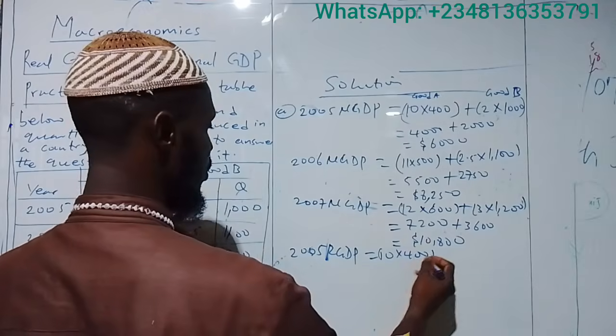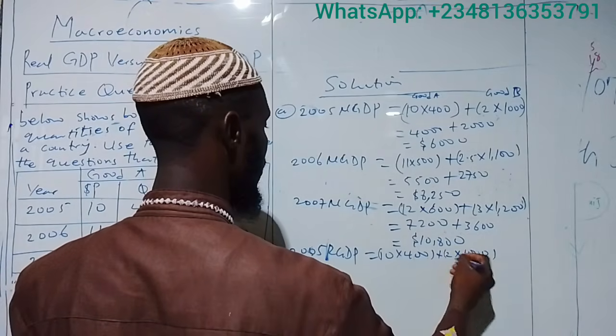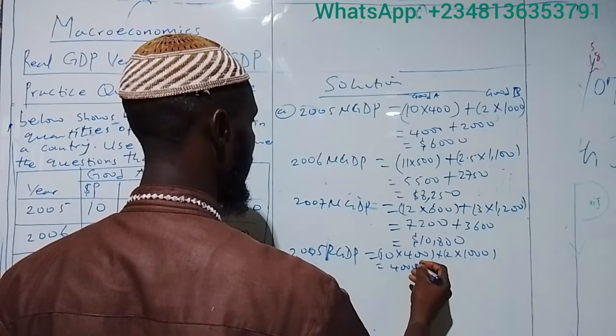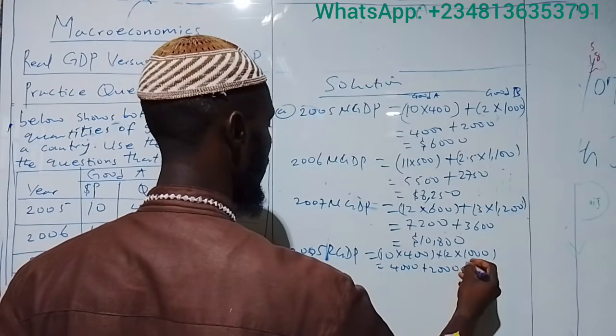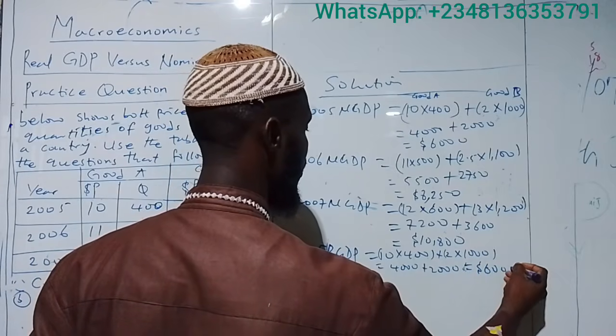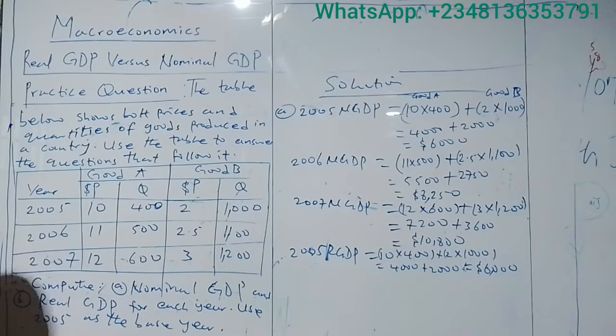Then we have plus 2 multiplied by 1000, for that year. So we have 4000 plus 2000, which equals 6,000 US dollars. So that is real GDP in 2005.